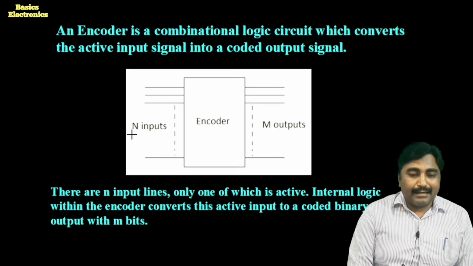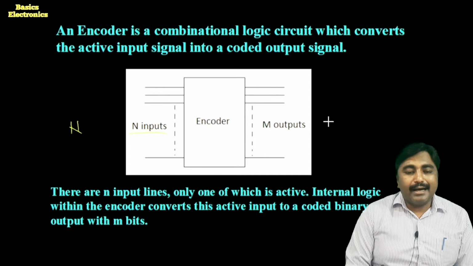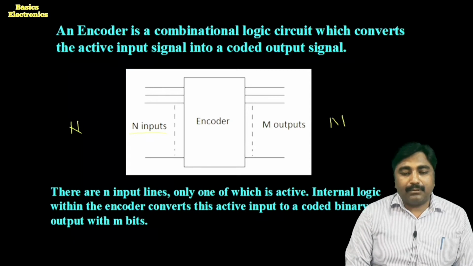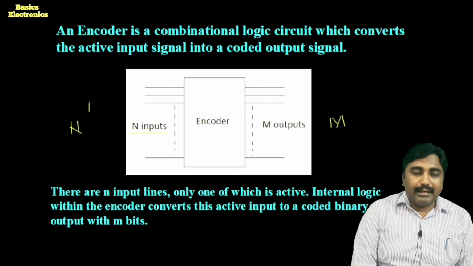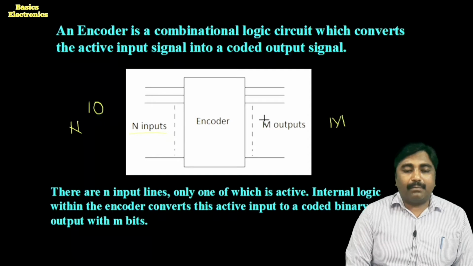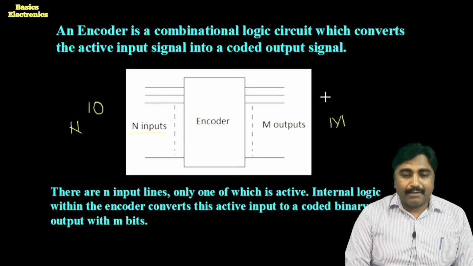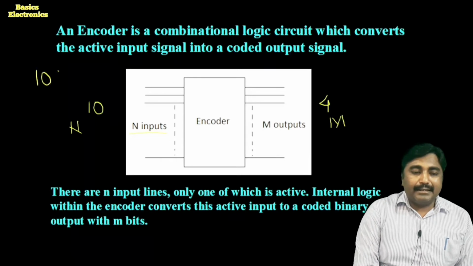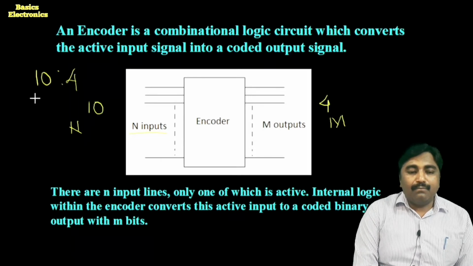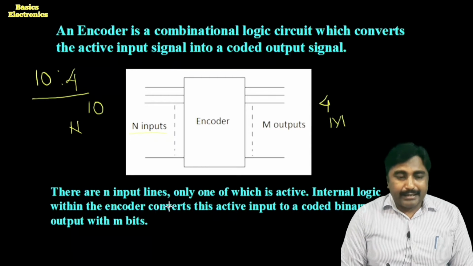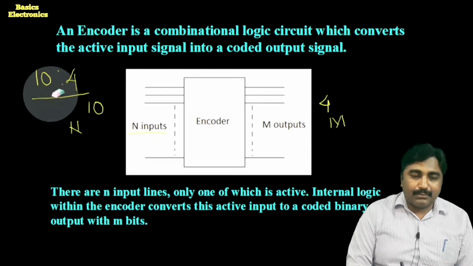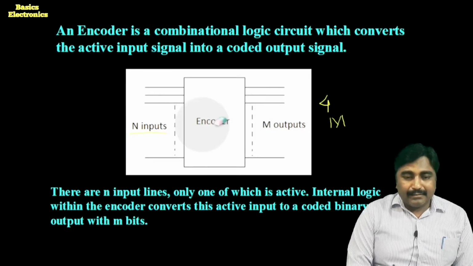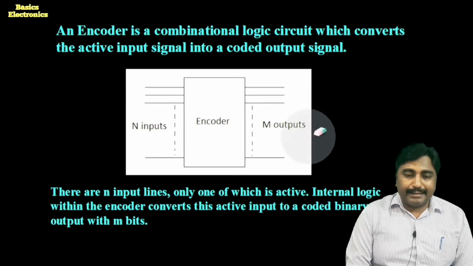Here in this circuit, the n inputs are shown and the outputs are m outputs. If we have 10 input lines and 4 outputs, then we call it a 10 line to 4 line encoder, and this encoder we have to see in detail.